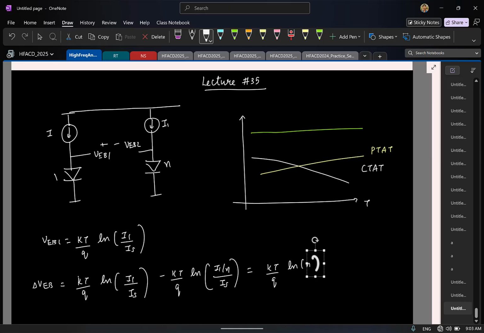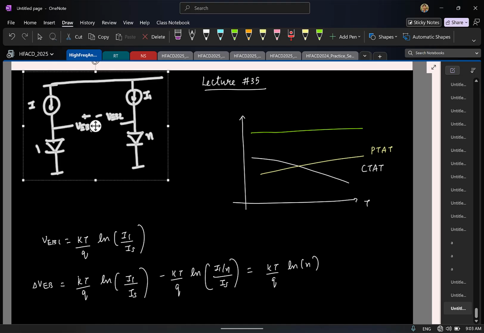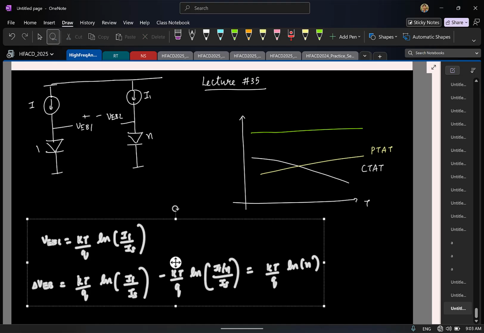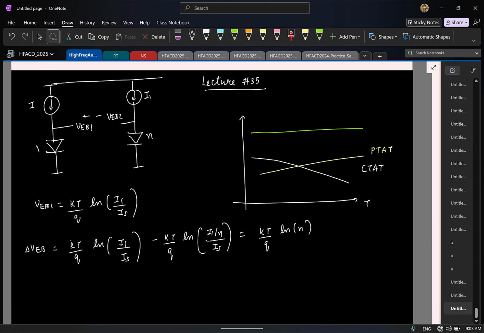So which means all I have to do is this. Let's see if I can make some space. So all I have to do is this: to get my final output, I take the CTAT voltage, which is one diode voltage drop, and add it to the PTAT voltage, which is the difference between two diodes.